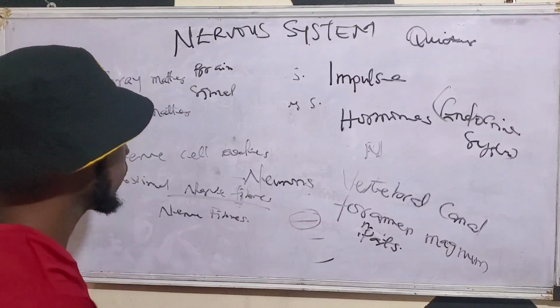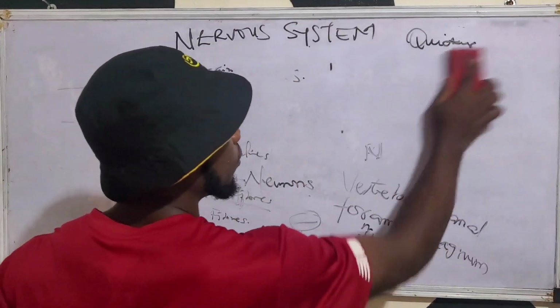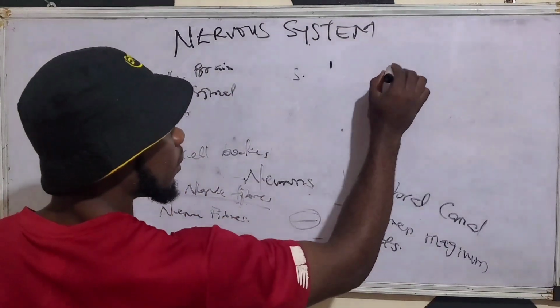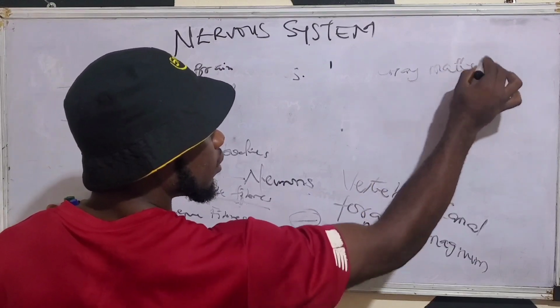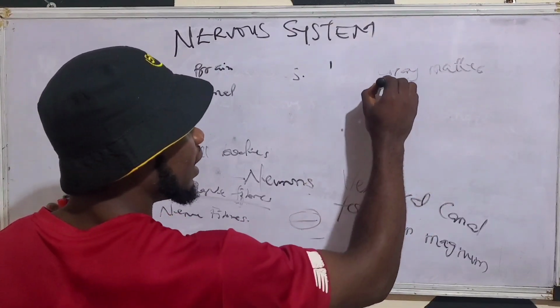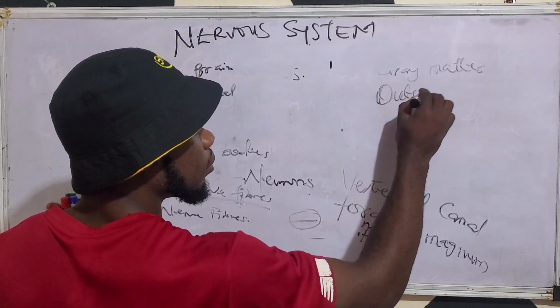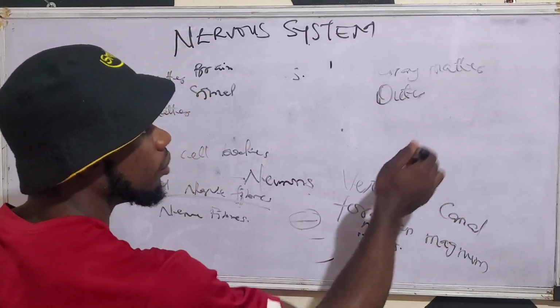Now get this. In the brain, gray matter is positioned in the outside, in the outer part of the brain.